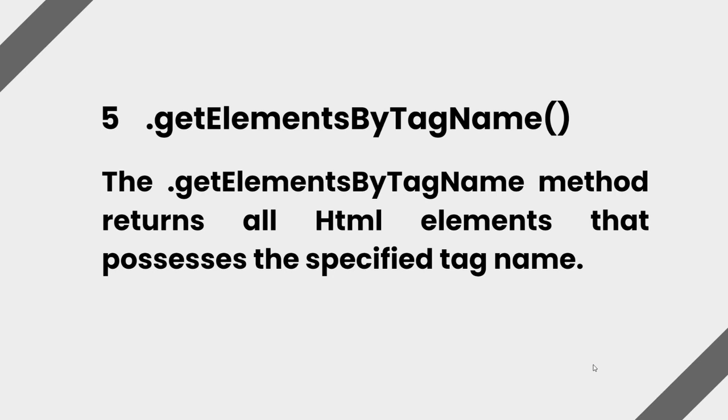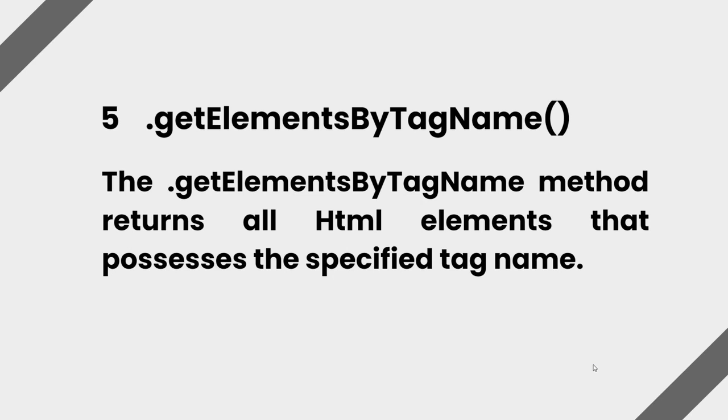You have the paragraph element which has the P, which is between the greater than sign and less than sign, which actually represent the tags. So the P there is the tag name. For the heading elements, we have the heading 1, heading 2, heading 3, heading 4 to be their tag names. So this particular method can actually return all HTML elements that have a specified tag name.